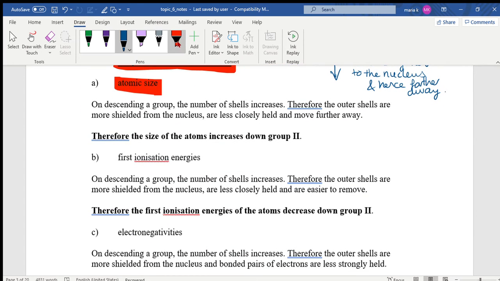So let's take a look at first ionization energy.